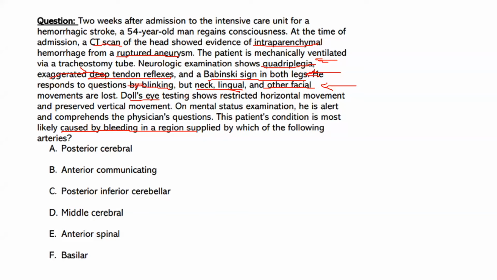Okay, so from that you can infer that what the patient has is locked-in syndrome. Okay, and locked-in syndrome affects the pons, right? And so which artery supplies the pons, which is basically the question that they're asking here? That's going to be the basilar artery. All right.